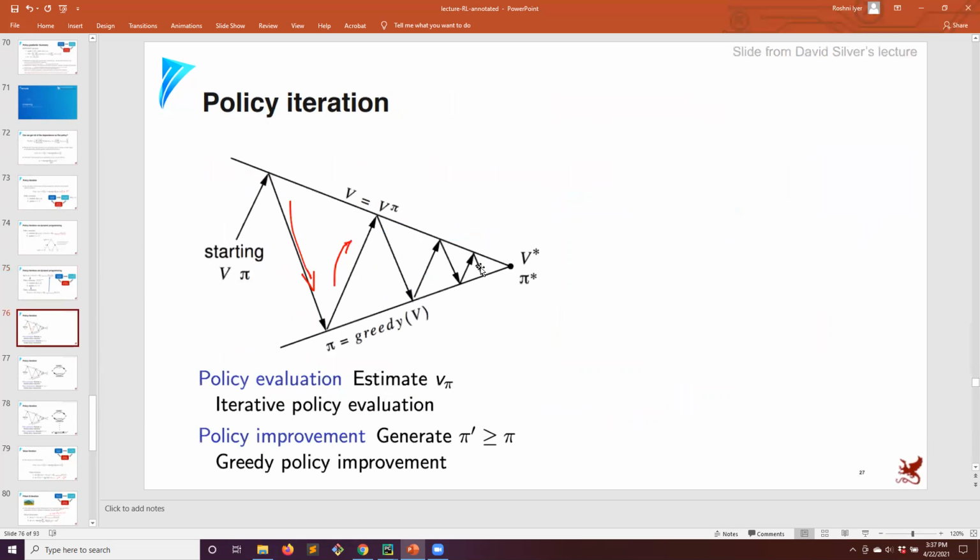Eventually we see that this will converge to the optimal value function under this optimal policy. So that's the idea here.